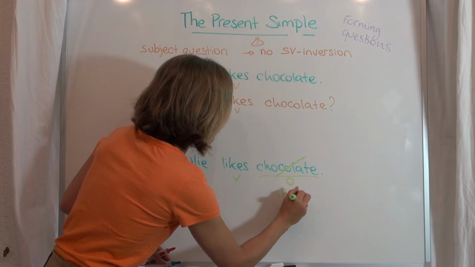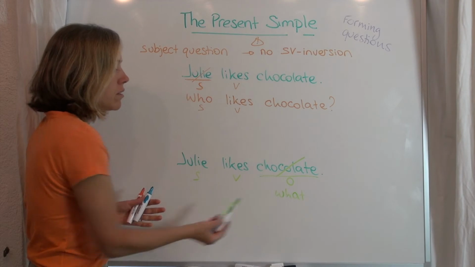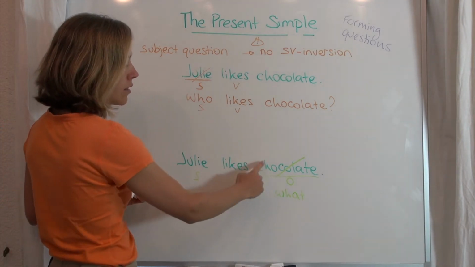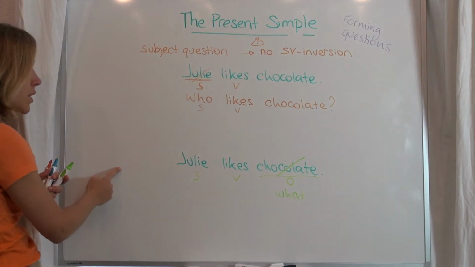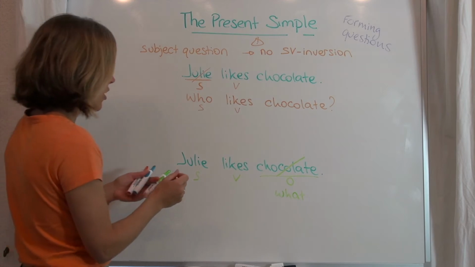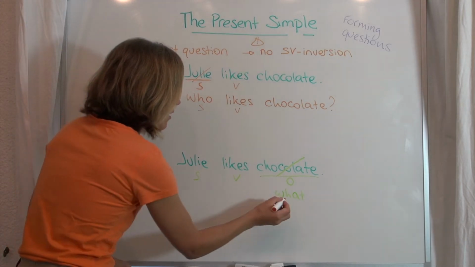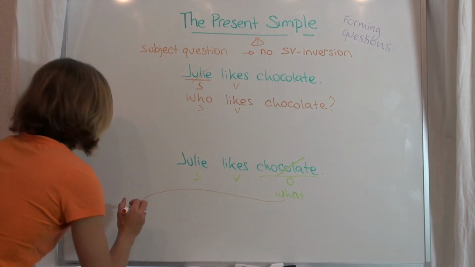So we would have what instead of chocolate. But Julie likes what is not a question. When you ask about the object, the what always comes at the beginning. Remember, we saw that. You always have the WH word at the beginning. It's the first word. So what?